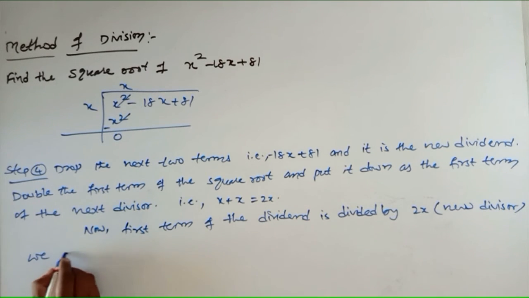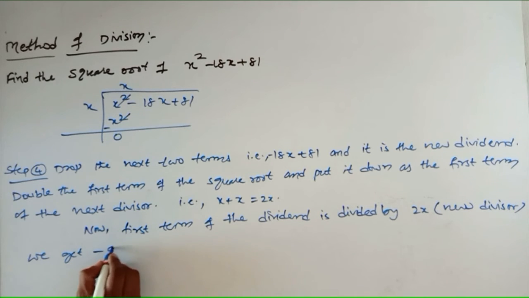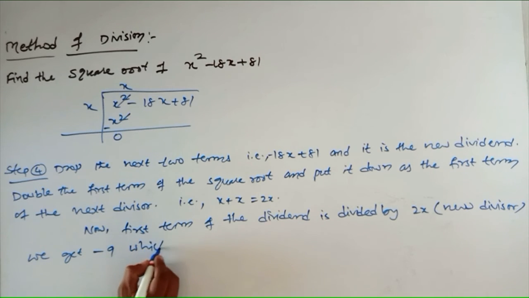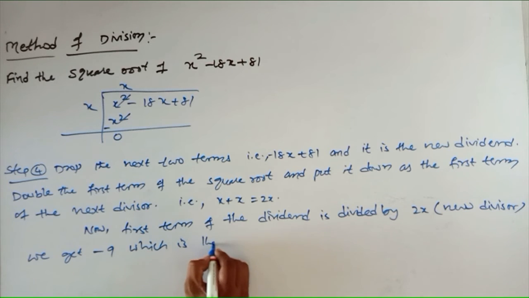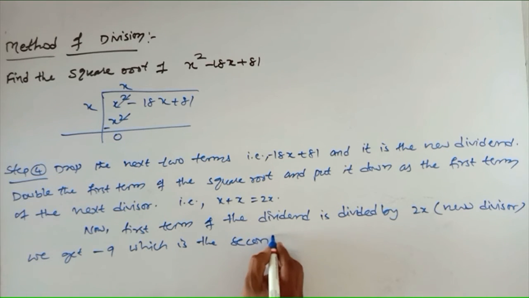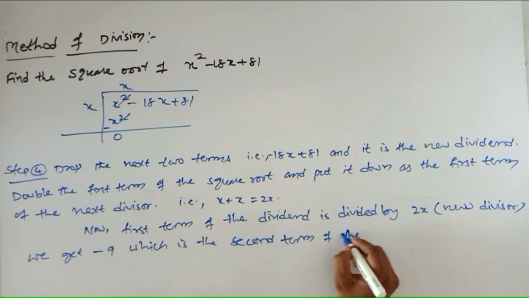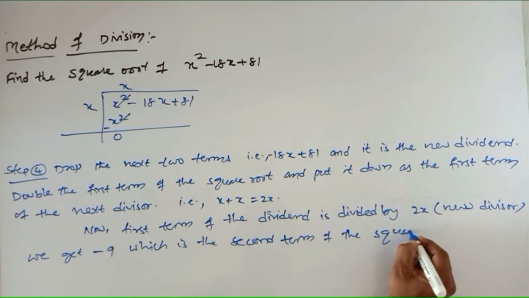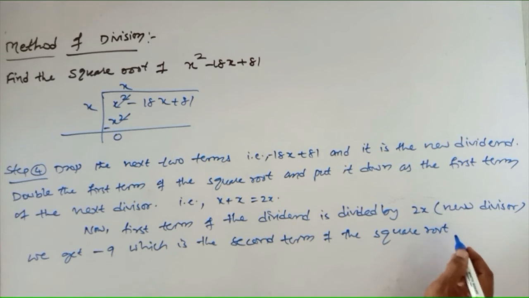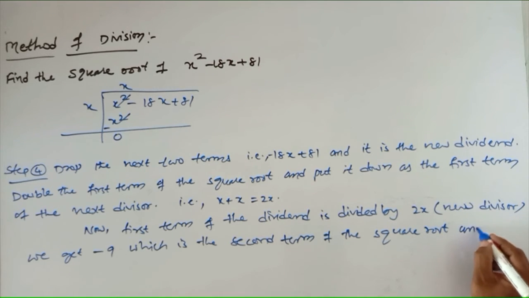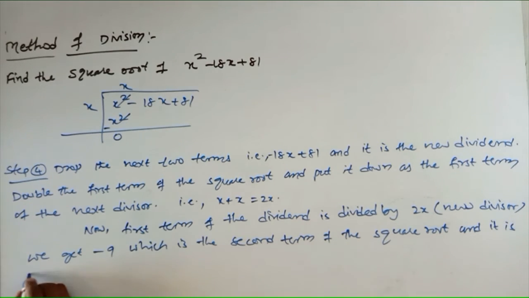We get minus 9, which is the second term of the square root, and it is the new divisor, and also the quotient.